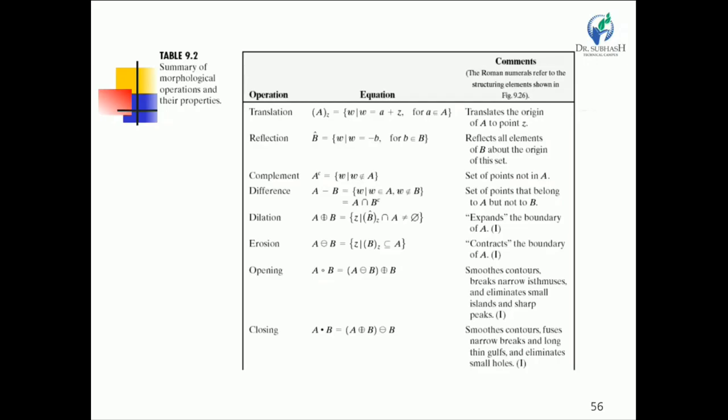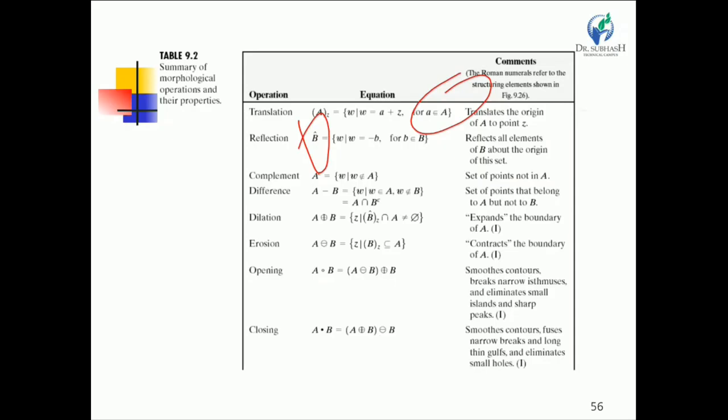The translation function is W equal to a plus z, where a belongs to capital A, and translation moves the origin of A to point Z. Second, reflection of B equals W, where W equals minus b and b belongs to capital B. They reflect all the elements of B about the origin of the set.